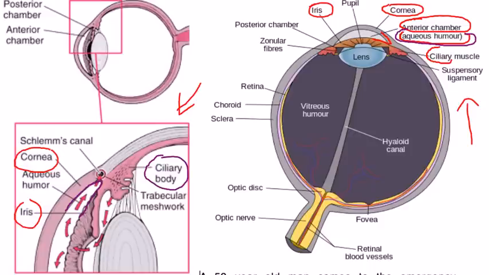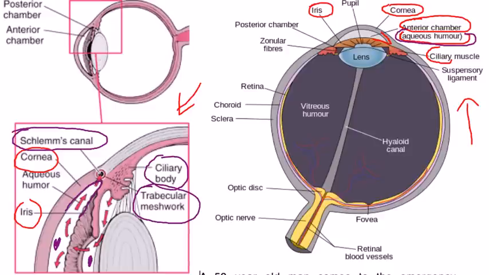The ciliary body produces that fluid known as the aqueous humor, and these red arrows are pointing to the flow of the aqueous humor after it's produced by the ciliary body, and it goes into these chambers. This chamber in here is the posterior chamber, and then eventually the fluid gets into this part, which is the anterior chamber. Then the fluid exits through this canal known as the Schlemm's canal, and also the trabecular meshwork. Those are the two responsible for the exiting of this fluid.